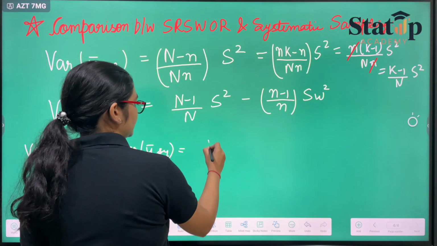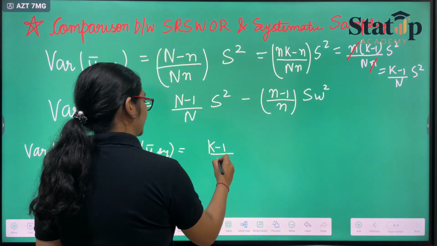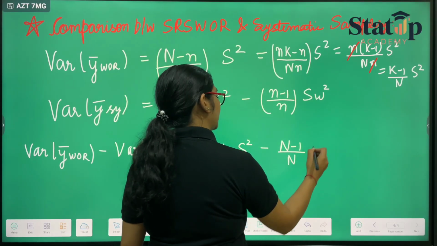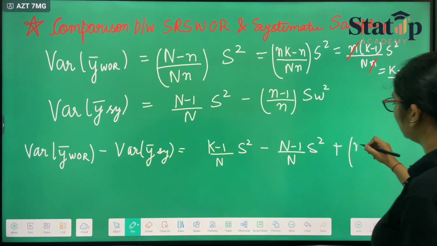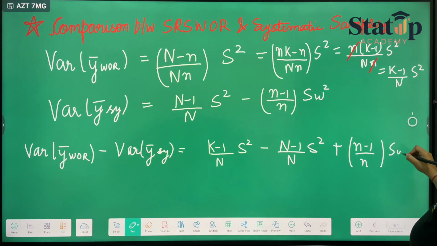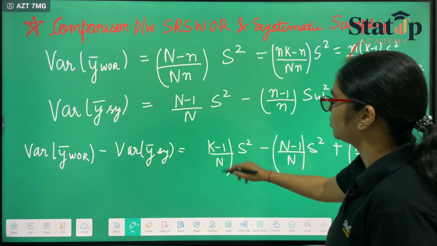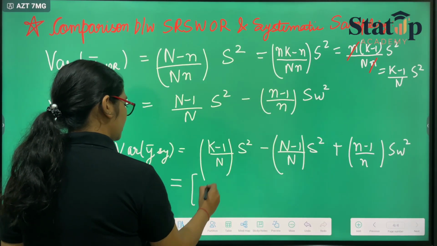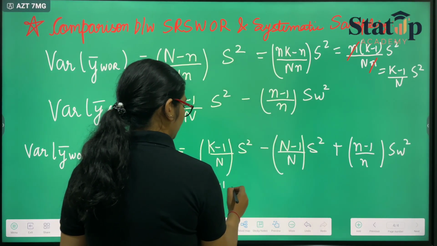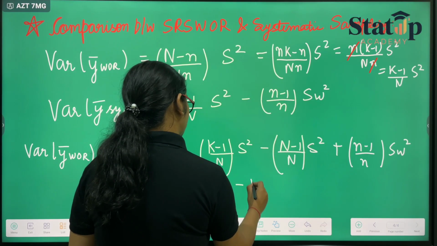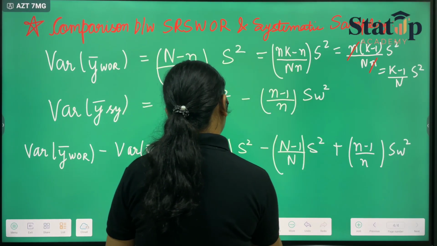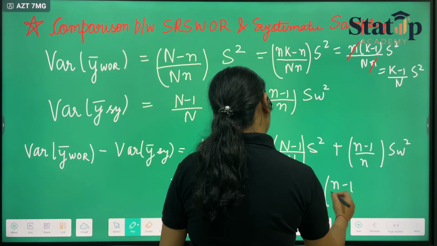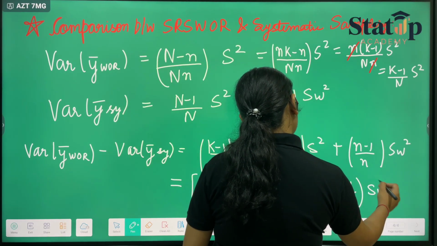So the difference is (k minus 1) upon capital N S square minus (capital N minus 1) upon capital N S square plus (small n minus 1) upon small n Sw square. Which can further be written as ((k minus 1) upon N minus (N minus 1) upon N) into S square plus (n minus 1) upon small n into Sw square.